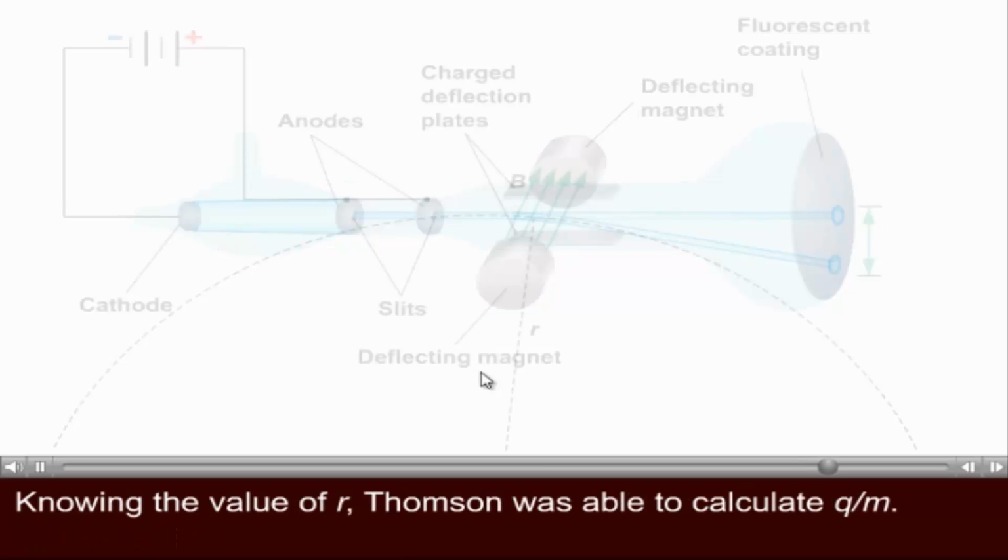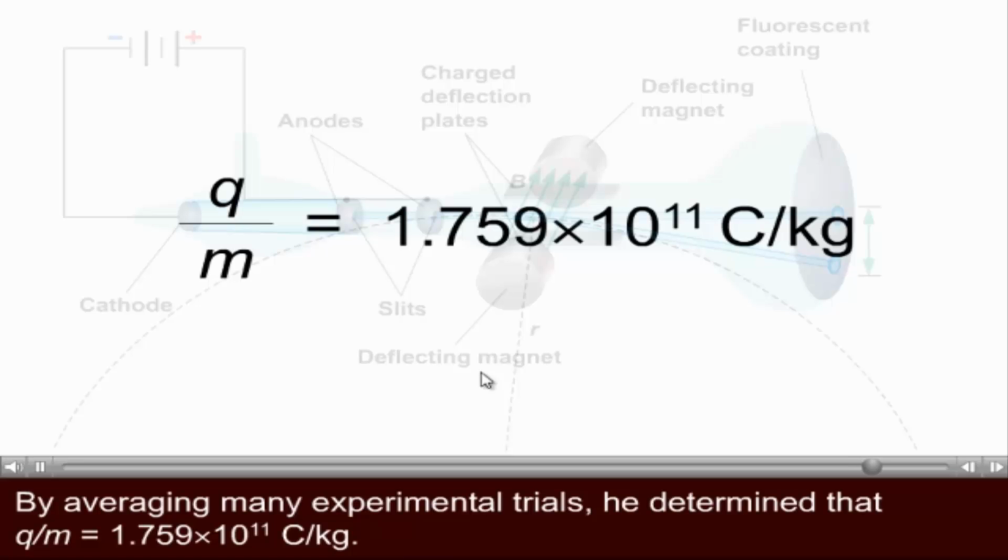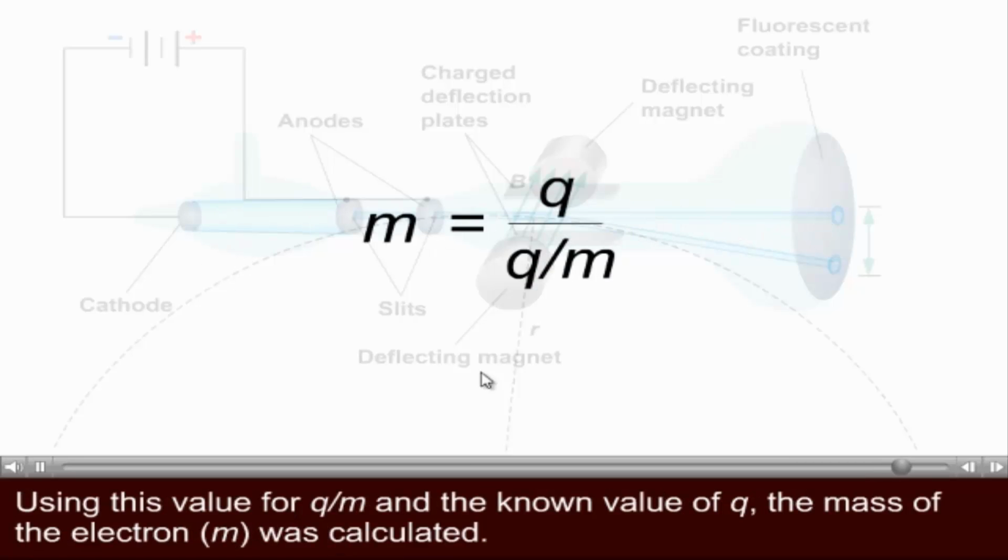Knowing the value of r, Thomson was able to calculate q divided by m. By averaging many experimental trials, he determined that q divided by m equals 1.759 multiplied by 10 to the power 11 C/kg. Using this value for q divided by m and the known value of q, the mass of the electron, m, was calculated.